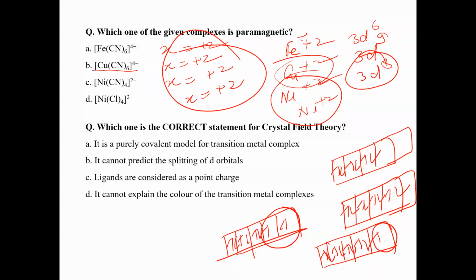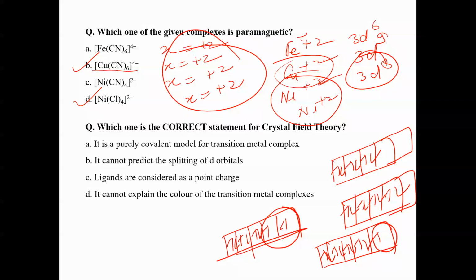So one unpaired electron is there. So B and D both will be paramagnetic in nature, right? Getting my point?